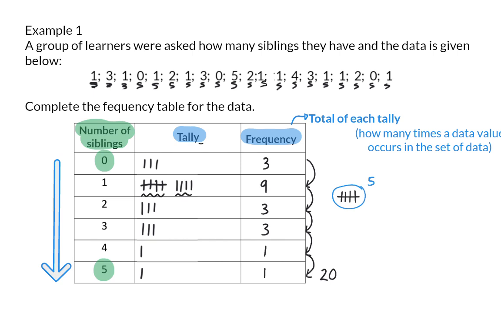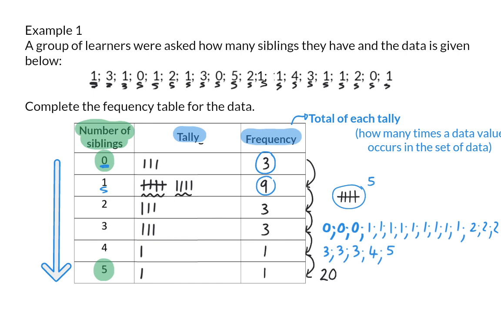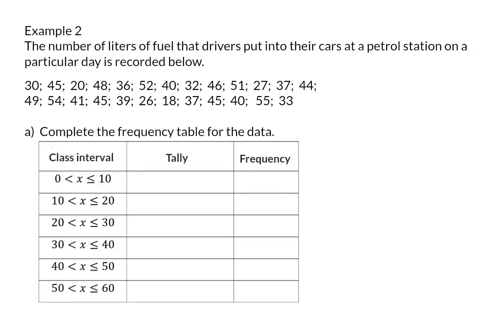If we were given the frequency table and asked to write down the raw data, meaning working backwards, we would start with the 3. That means we will start with the first 3 values being 0. Next up, we would have 9 ones, and then you will continue like that, and at the end, you'll have 20 data values.